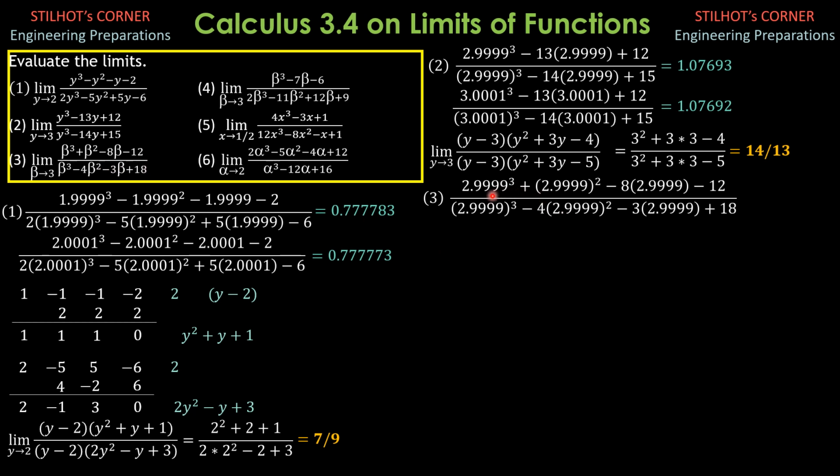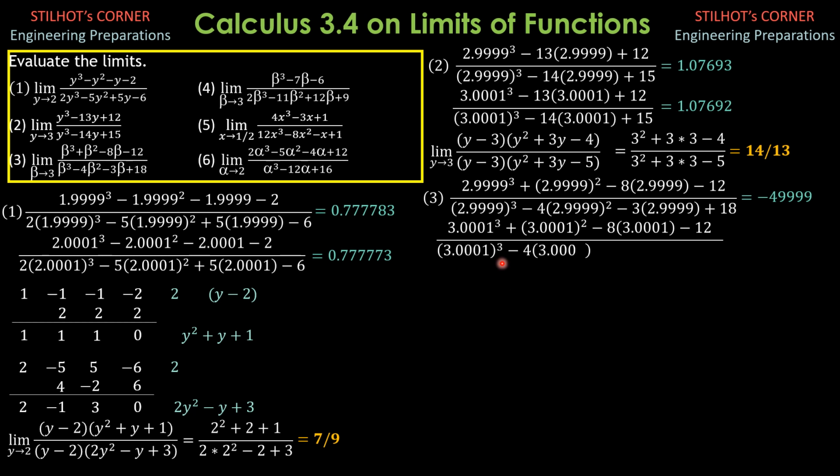Then by the technique, we substitute 2.9999 and 3.0001. The value is equal to negative 49,999. And for 3.0001, the value is equal to the numerator over 3.0001 cubed minus 4 times 3.0001 squared minus 3 times 3.0001 plus 18.